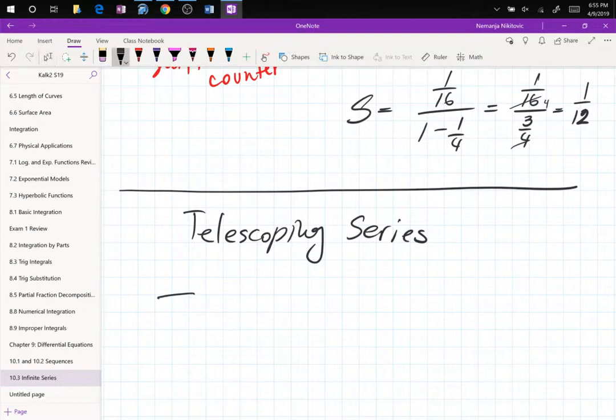The form is b to the n minus a to the n. So you have a subtraction. And I hate to start this at any number over here. I don't want to put this because then it looks like a big fat 0. It can start at 2, it can start at 7, it can start at any.